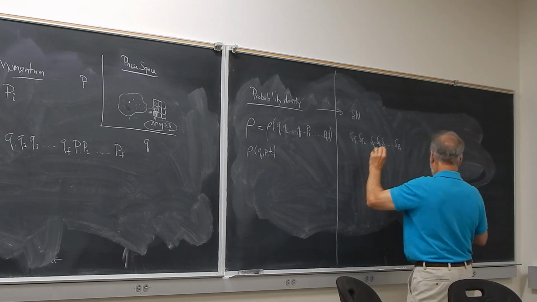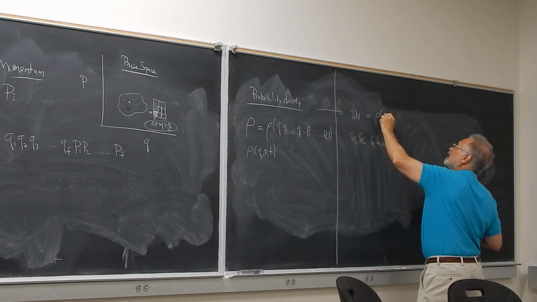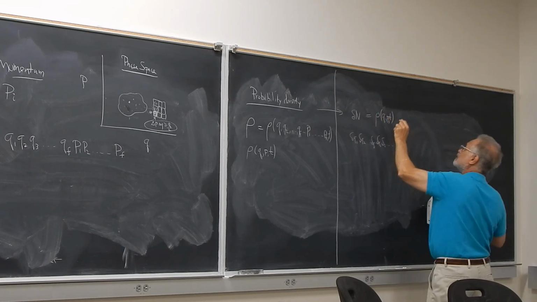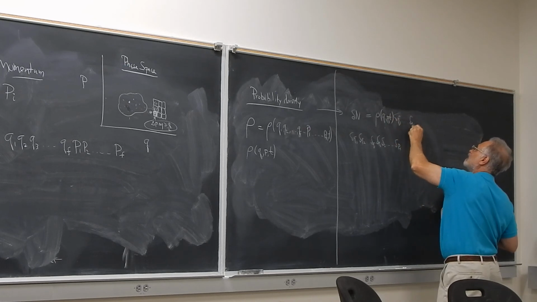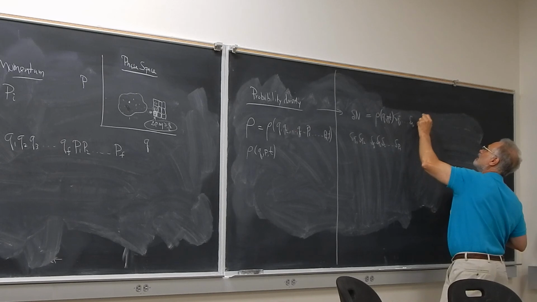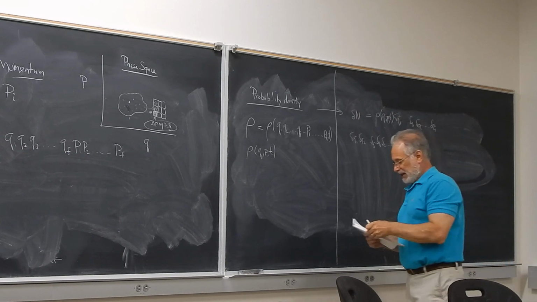That's to say that I can write delta n as the probability density, Q, P, and t, times those quantities, dQ1, dQf, dP1, dPF. And we're going to look at the system as it changes.